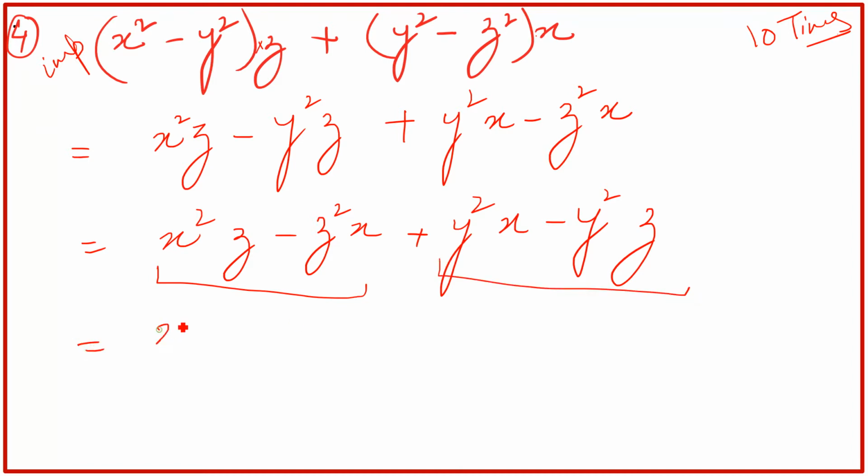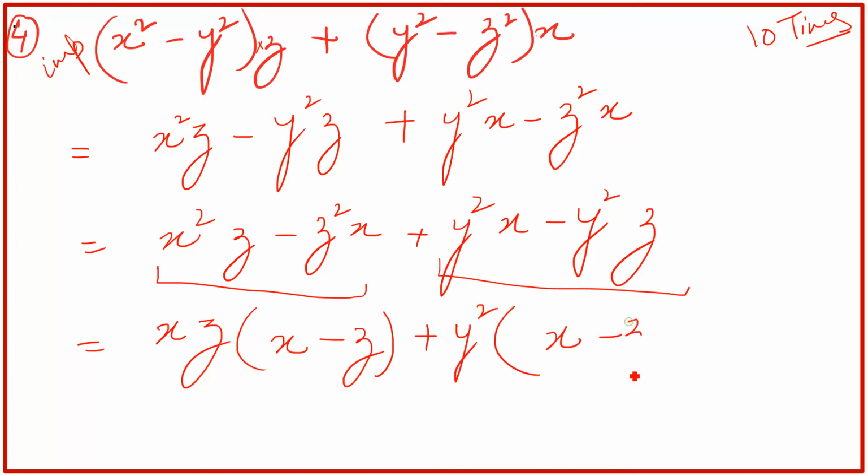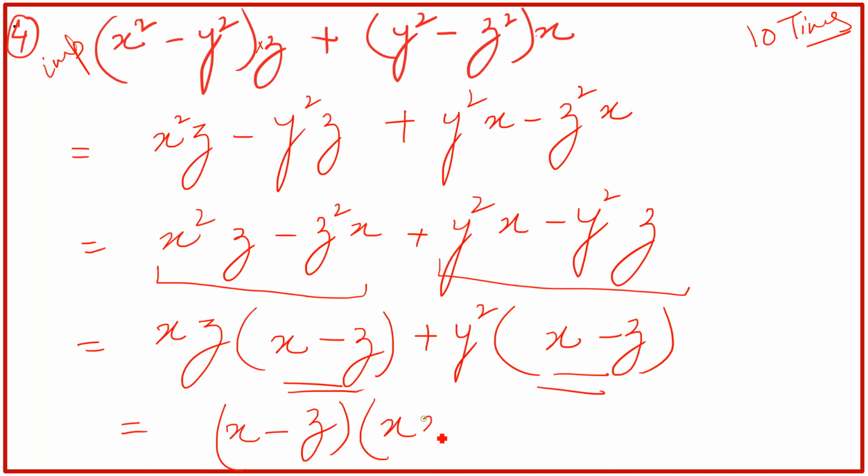What we will take here as a common is x and z, x minus z. Here plus y square, so x minus z. Both parentheses are the same. We can take x minus z as a common. Multiply by what is left, xz plus y square.